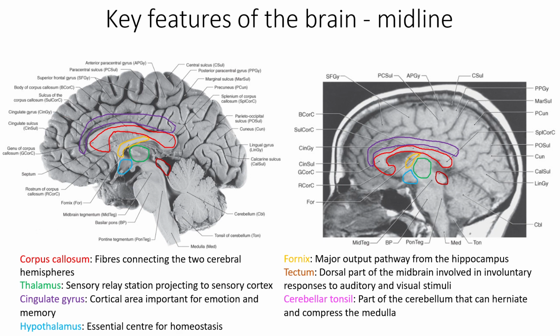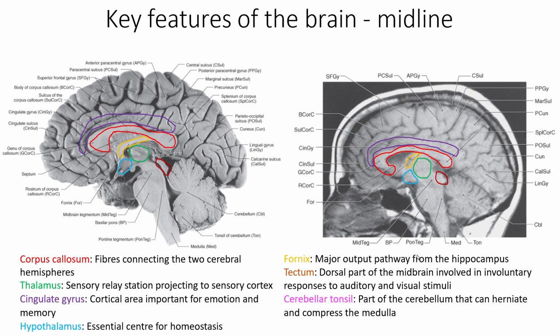Now, the tectum contains two important structures, one on each side, those being the superior and inferior colliculi. Colliculus just means little hill, so they're little swellings within the tectum. The superior colliculus is important for visual reflexes, whilst the inferior colliculus is important for auditory reflexes. And the tectum is part of the midbrain, but this is at the back of the midbrain.